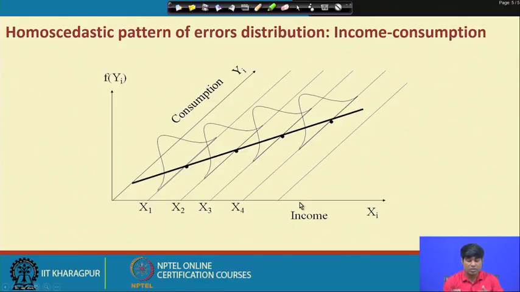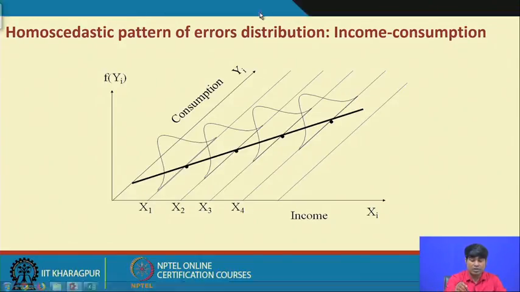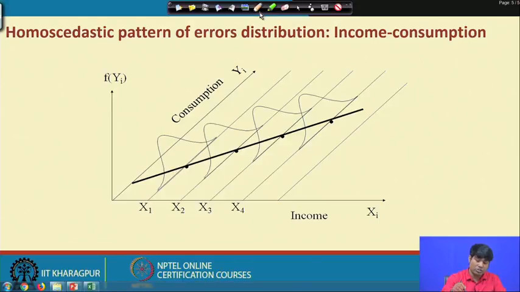If you have equal spread and you plot these error terms, you see here the structure of this error plotting, and that too with a normal distribution. You will find the curve is more or less the same, so they are converging to each other.